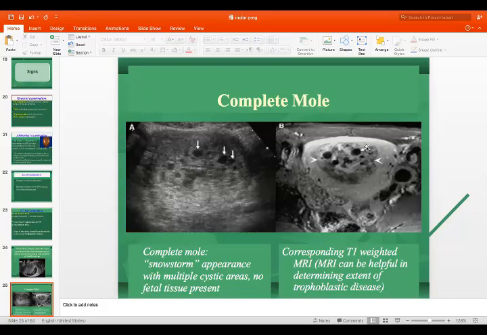This is the uterus, and this is the uterine cavity, which is filled with grape-like vesicles. There is no fetus. Here you can see these vesicles, these black circles. They are the vesicles. So this is like a snowstorm appearance due to non-cystic areas. This is characteristic of complete mole.